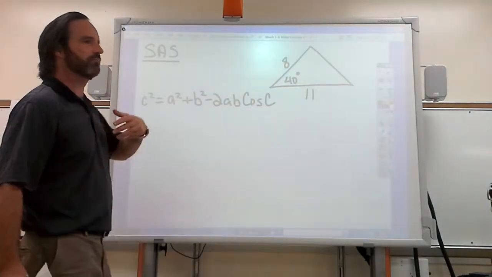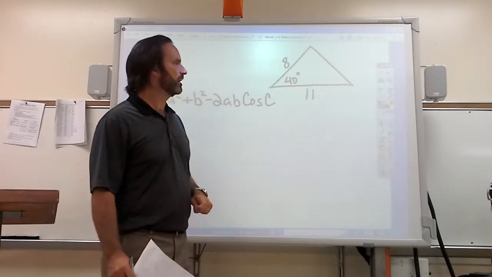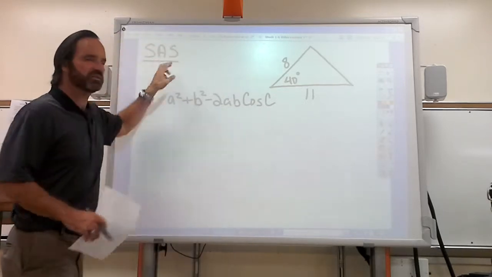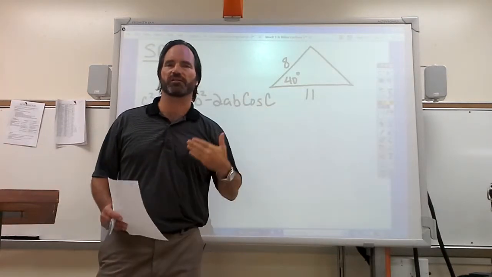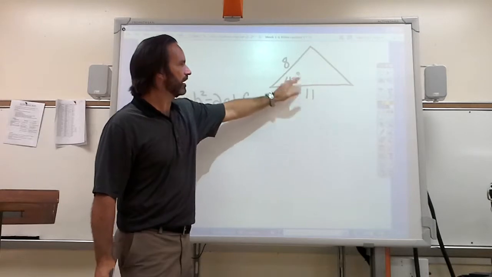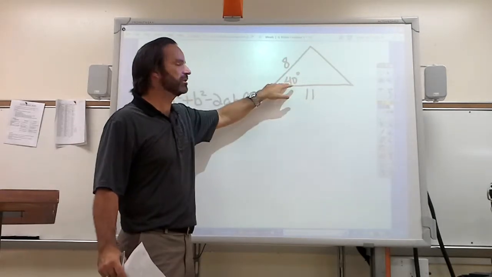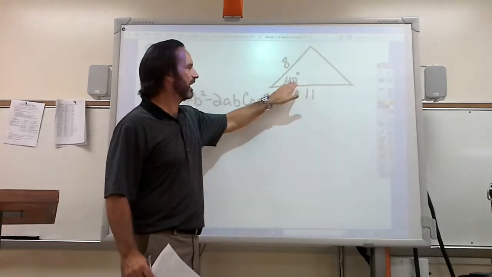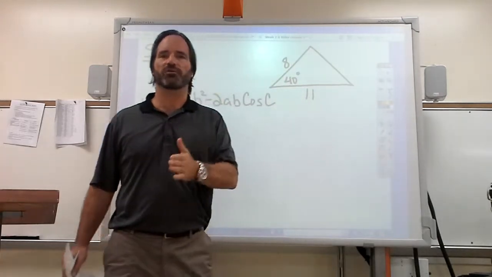Finally, this is the easiest case, the least amount of math, this is side, angle, side. The second of 2 situations where we use law of cosines to solve for something. I've got a side, another side, and in between, the included angle is 40 degrees. Side, angle, side. The only way I can solve for anything is law of cosines.